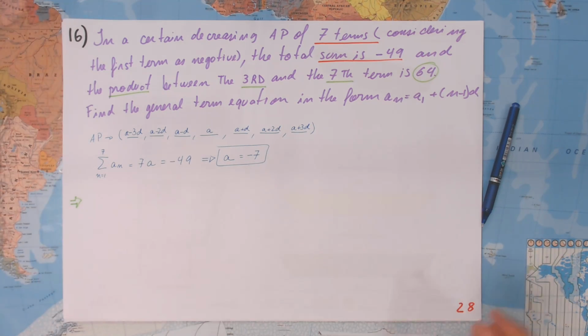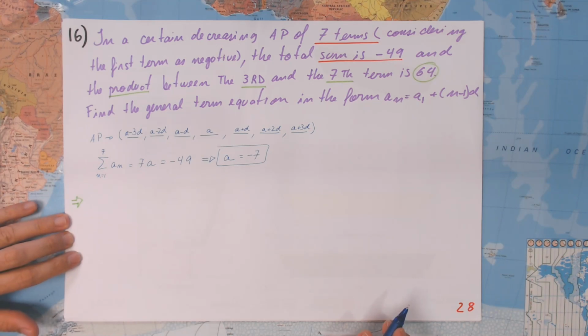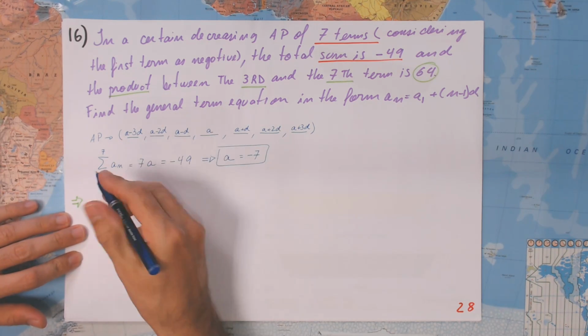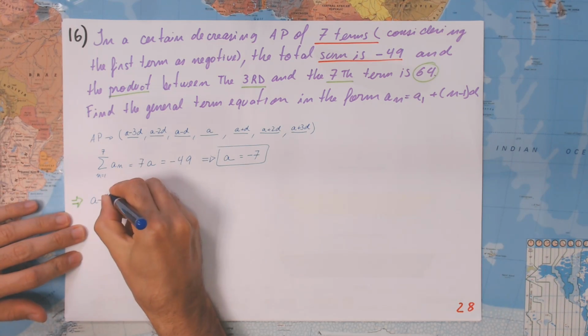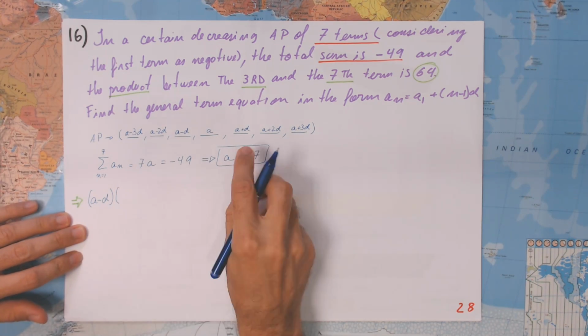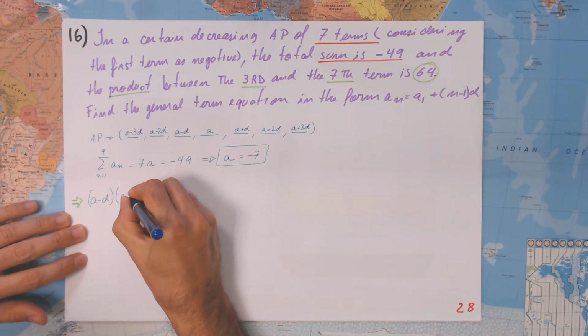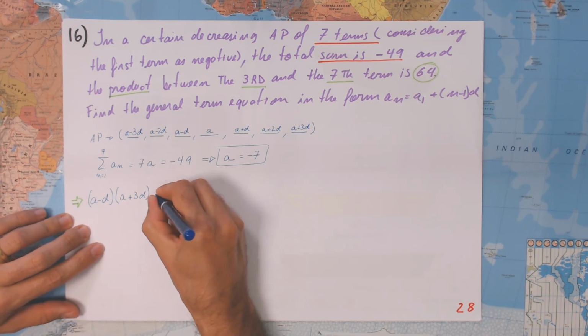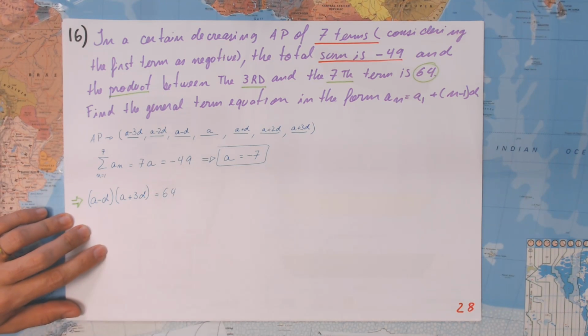of the problem. Well, let's write it down. The third, first, second, third, A minus D, times the seventh, A plus 3D, and this is 64. Let's develop that.